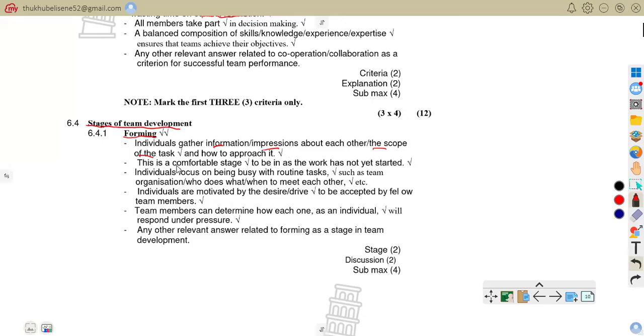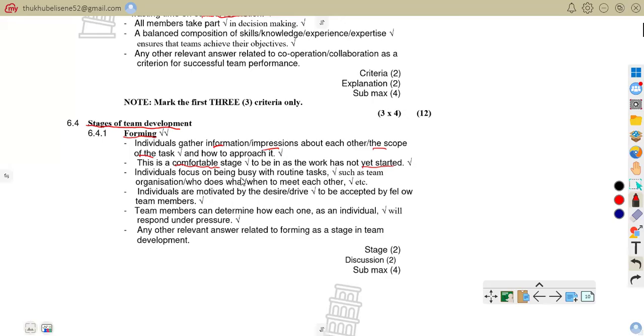This is a comfortable stage to be in, as the work has not yet started. So it's a very comfortable stage, because we are still trying to know each other. We are still happy with each other. There are no challenges at this stage, as we haven't started the work.